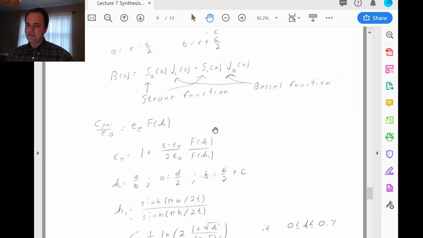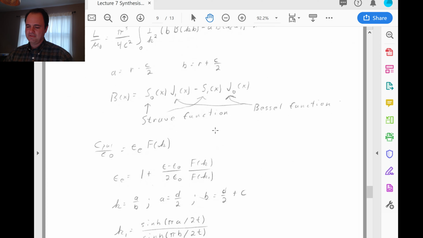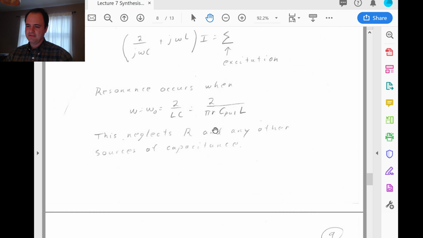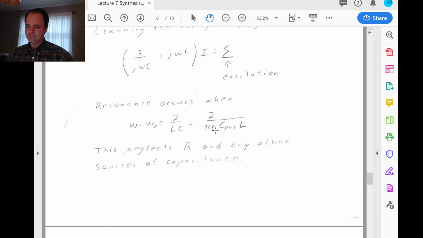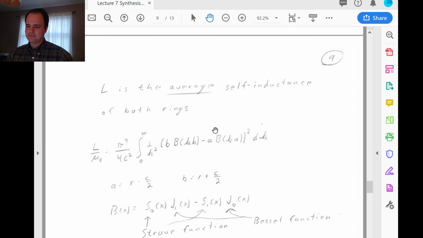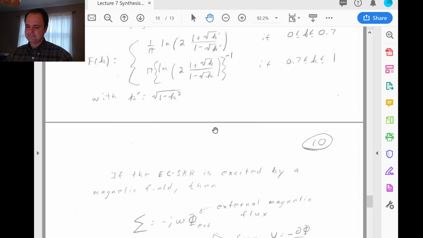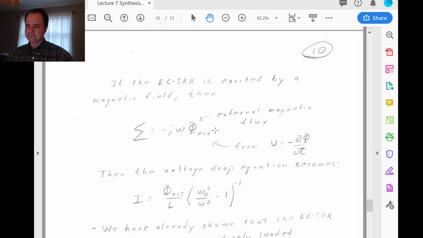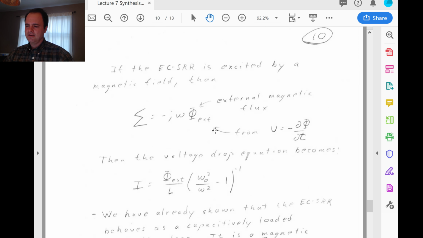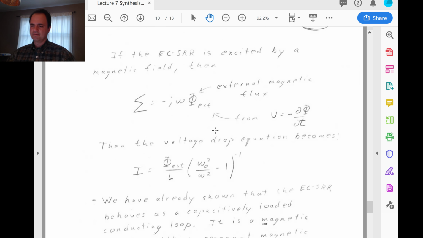Okay, so we'll be able to find L and C pole, and that's what we need to find the resonant frequencies and so forth. So, if the EC SRR is excited by a magnetic field, then we can find this external excitation.